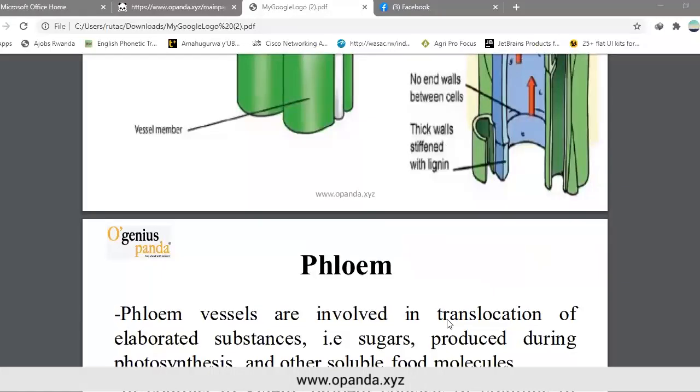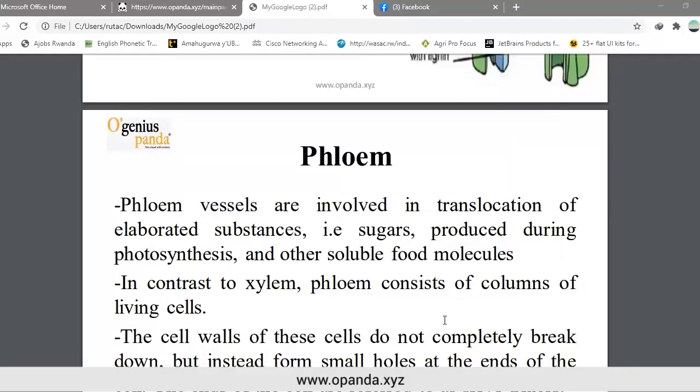Now let's go to the phloem. Phloem vessels are involved in translocation of elaborated substances like sugars produced during photosynthesis and other soluble food molecules. In contrast to xylem, phloem consists of columns of living cells.